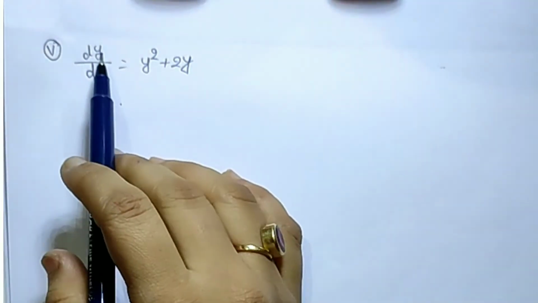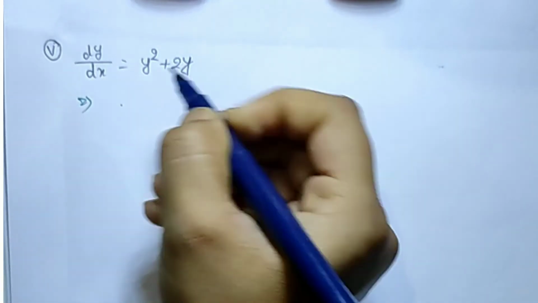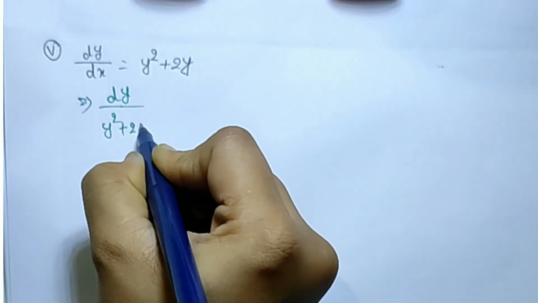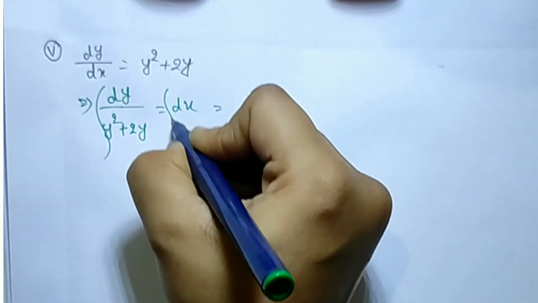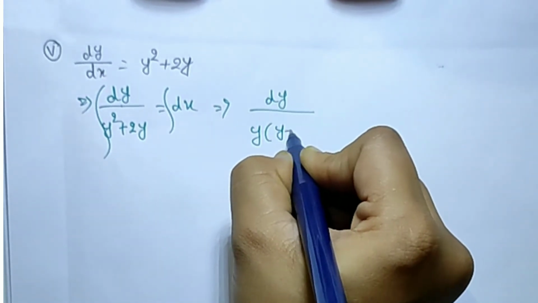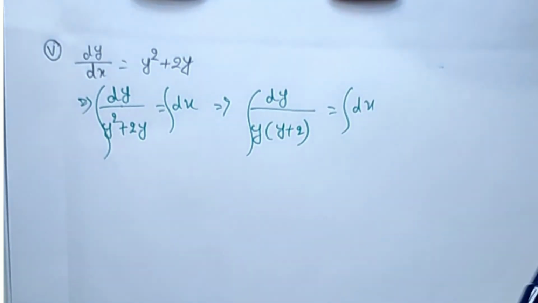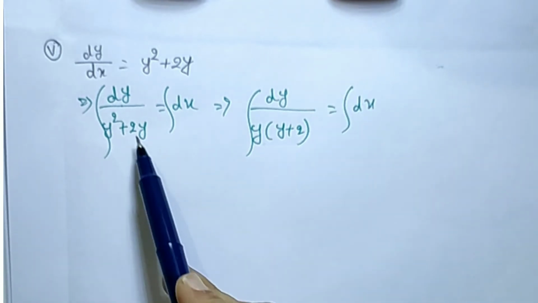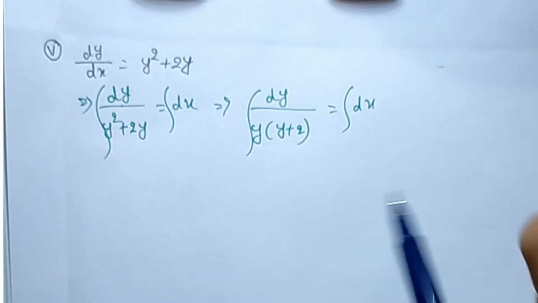Next question, dy by dx is equal to y square plus 2y. Again this is a function of y, so I can write dy by y square plus 2y is equal to dx. Now integrating both sides, this will be the integration of dy by y into y plus 2 equal to the integration of dx. Again we can solve this by partial fractions. If there is a polynomial in the denominator, then we can solve by partial fractions.